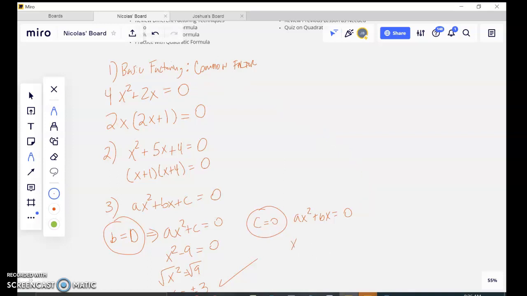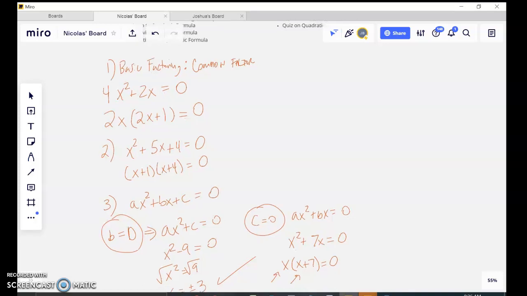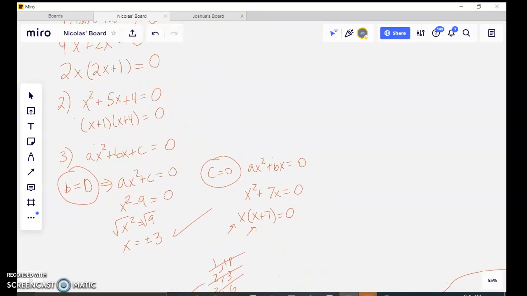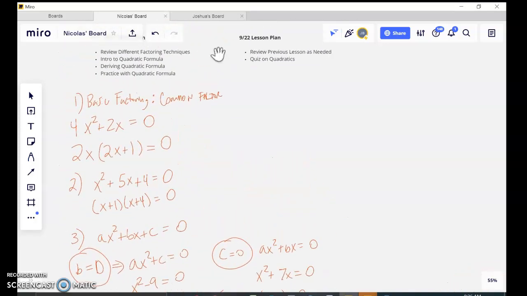It might look like x squared plus, let's say, 7x equals 0. Well, factor out an x. You get x times (x plus 7) equals 0. Again, simple solution: x is 0, x is negative 7. Easy.